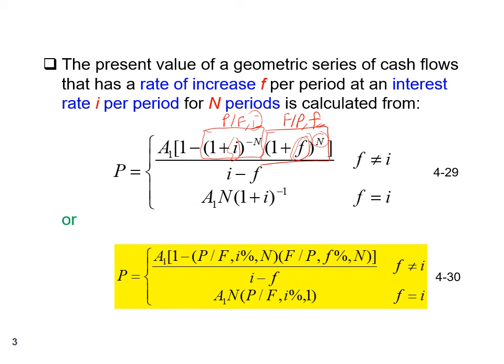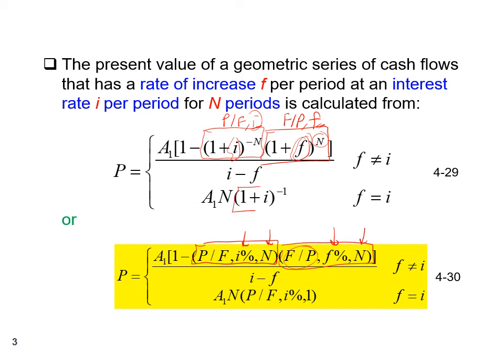So F. Okay, so now we can represent the first part of the formula as, look, this part is P given F, interest rate is I%, and number of periods is N. And the second part here is F given P, but instead of the interest rate, now we are using the increase rate of the cash flows and the number of periods.